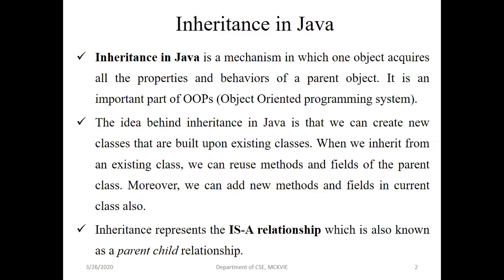When we inherit from an existing class, we can reuse methods and fields. Here, fields means the data members of the parent class. Moreover, we can add new methods and fields in the current class also. And this inheritance is called an IS-A relationship in the object-oriented programming perspective.